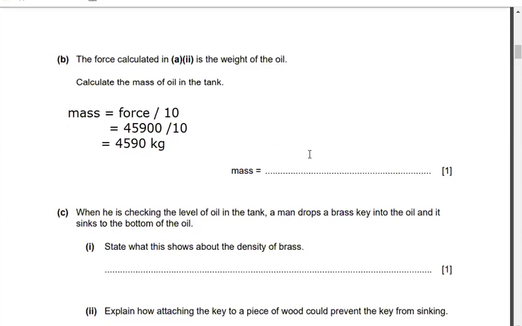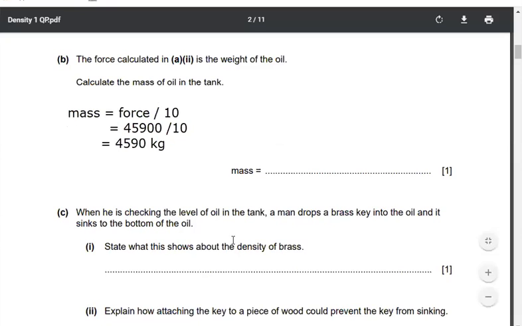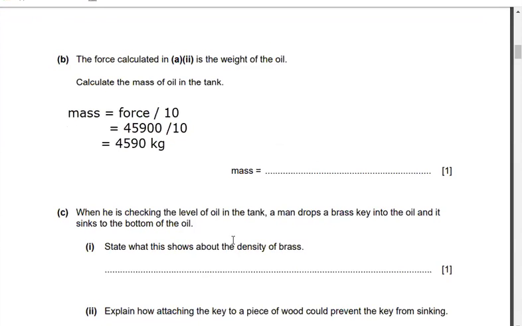Now, the next question he is asking is, when he's checking the level of oil in the tank, a man drops a brass key into the oil and it sinks to the bottom. So what do you mean by this? The density of brass is greater than oil. Why do you think the density of brass is more?